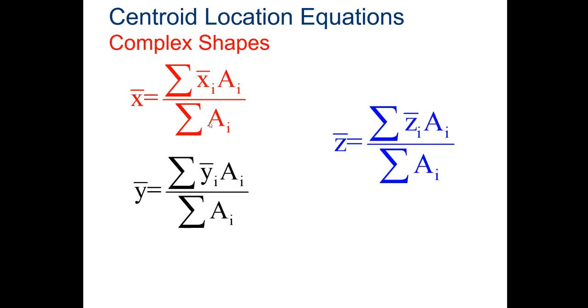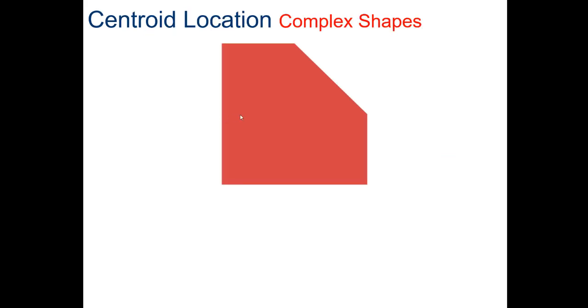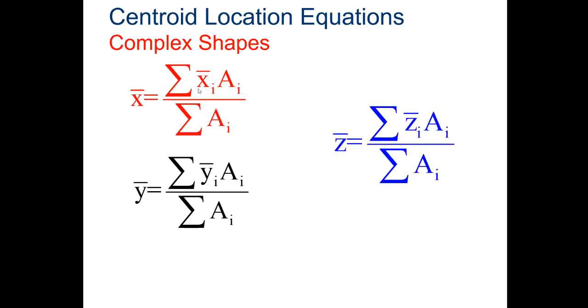Now, these look really complicated, but I'm going to walk you through the best way to do this using a table, and then it'll be pretty simple if you just fill in the table and use your calculator to multiply and divide. So basically this formula says, to find the x location of this shape, we're going to take the sum of the x locations times the area of the shape, divided by the sum of the areas.